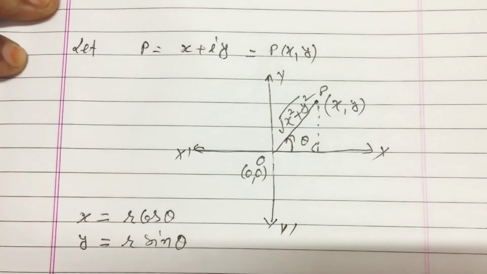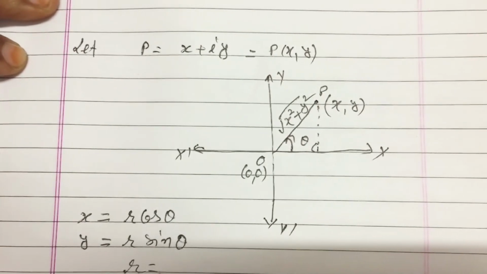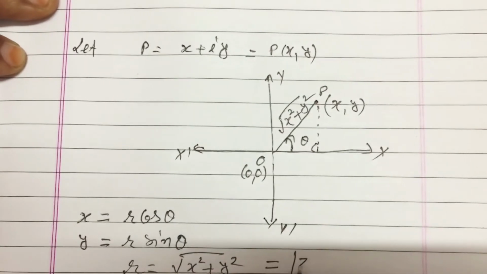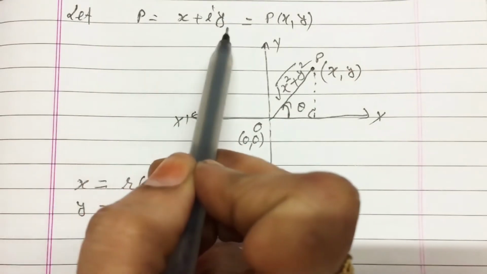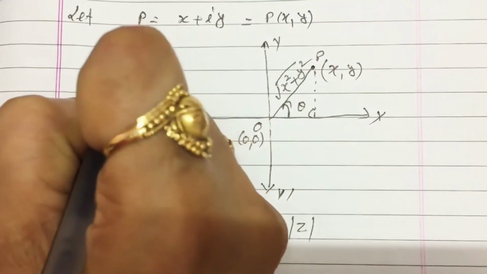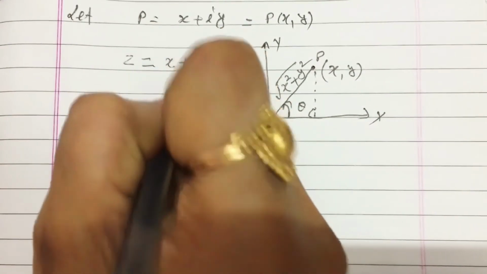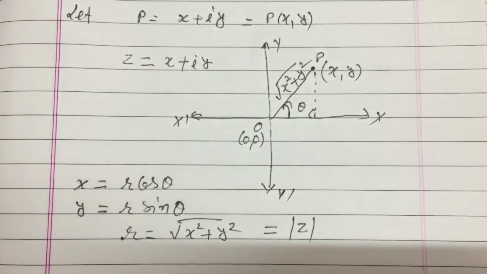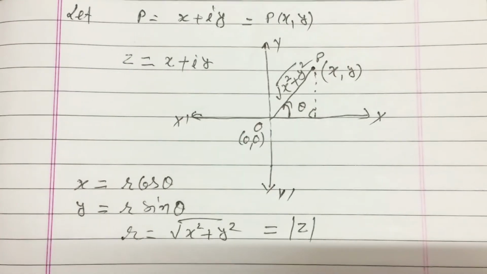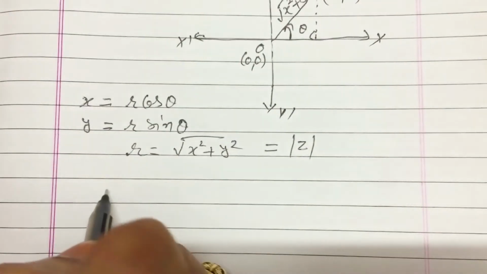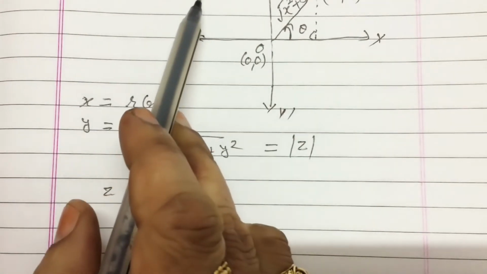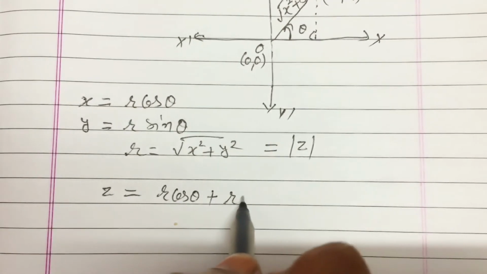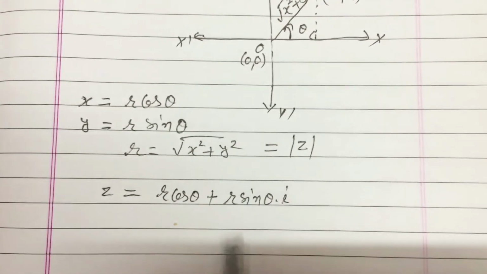Since here r is equal to under root x square plus y square, it is mod of z. Here P is a complex number, so we can represent it by z also. So z is x plus iy. Okay, and now see that in place of x, it is r cos theta, and in place of y, it is r sin theta, into i.